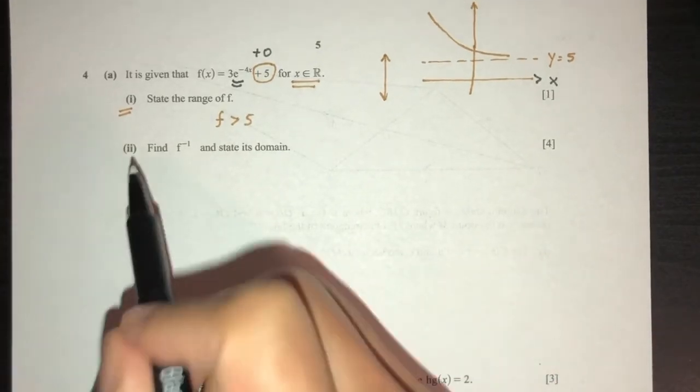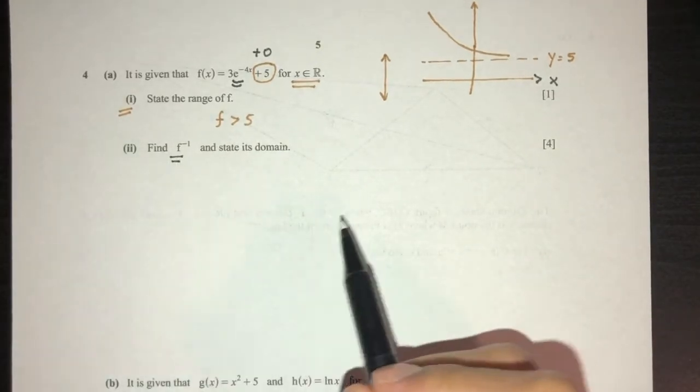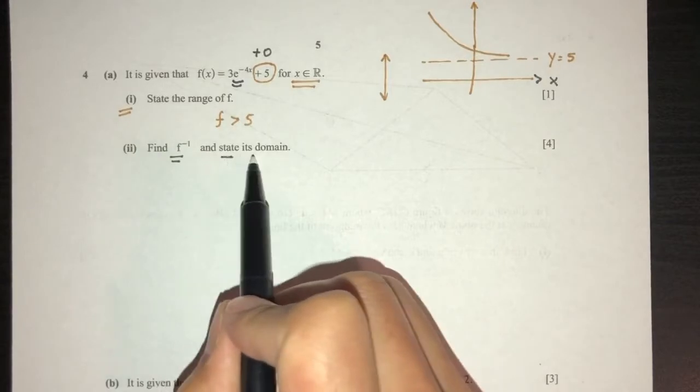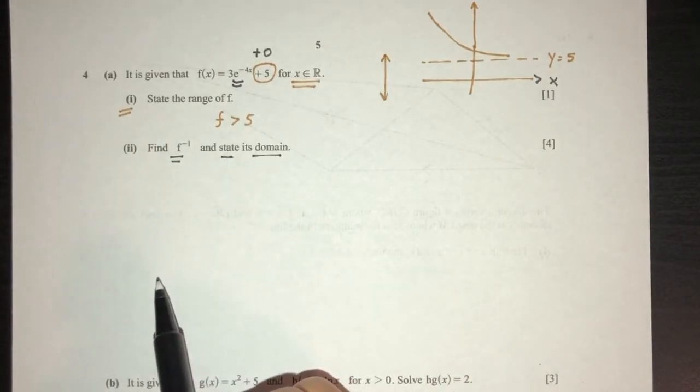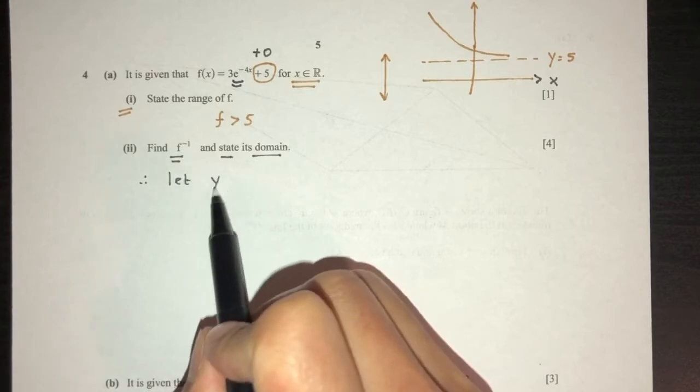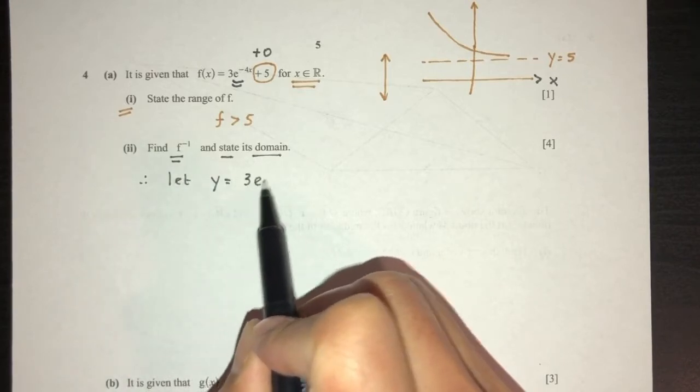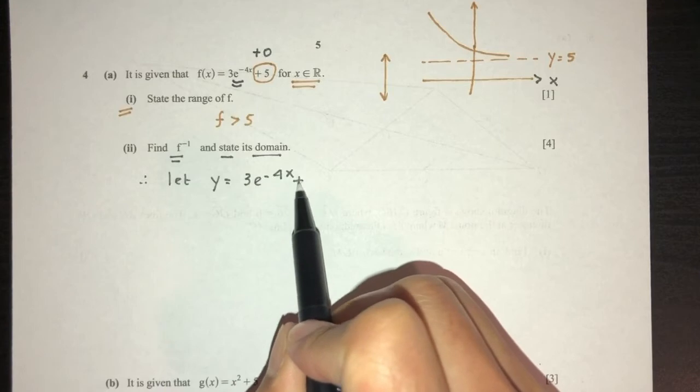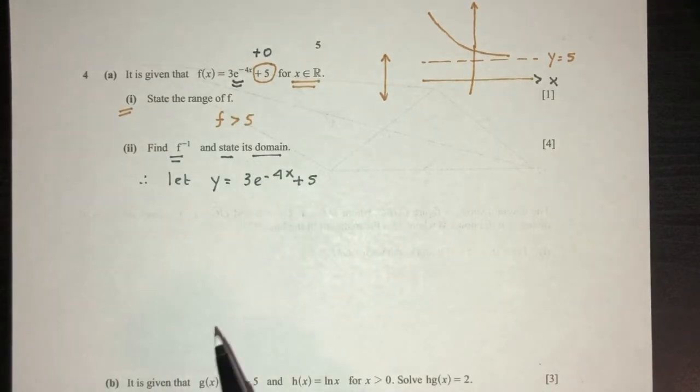Now for part 2, we have to find f inverse of x and state its domain. Now inverse is pretty easy. We first have to let y equal to f of x, which is this. Then we have to make x become the subject of the formula.